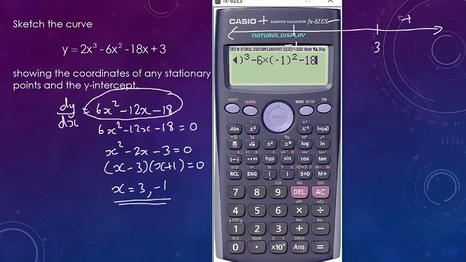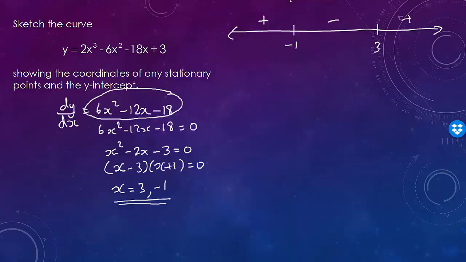Take away 18 multiplied by negative 1. I put negative 11 there. Let's go back and just sort that out. And add 3. So that would be 13. So I'll just make a note of that here.